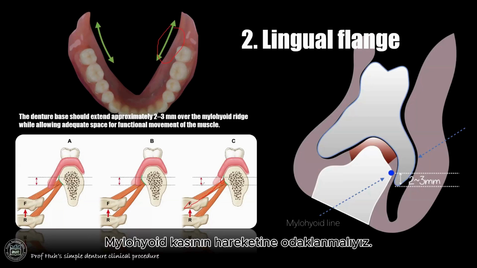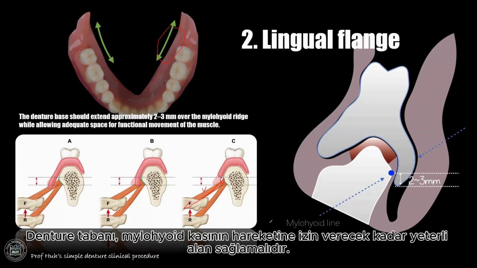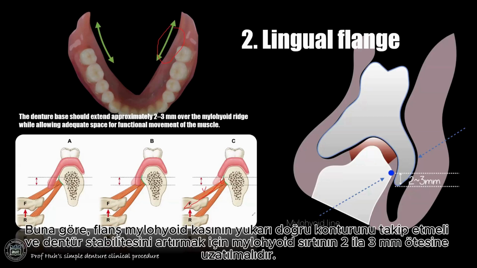So we have to focus on the movement of the mylohyoid muscle. The denture base should provide sufficient space to permit mylohyoid muscle movement.